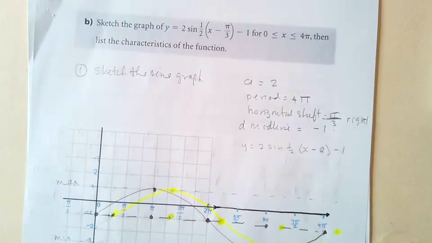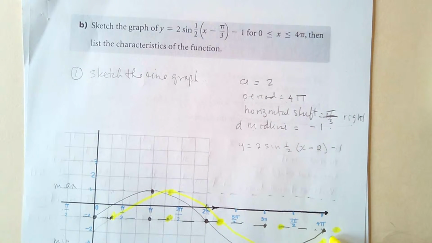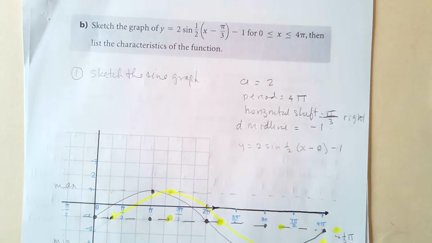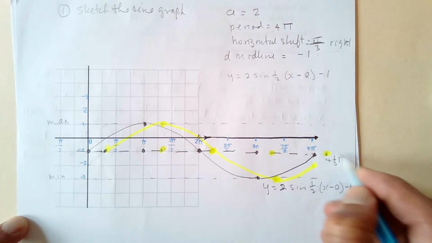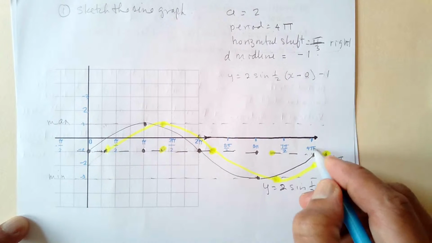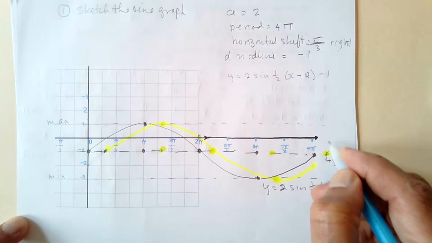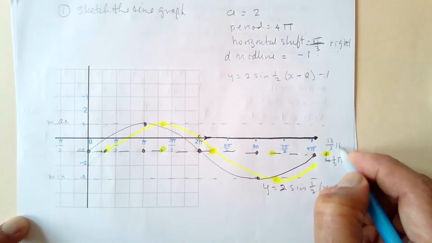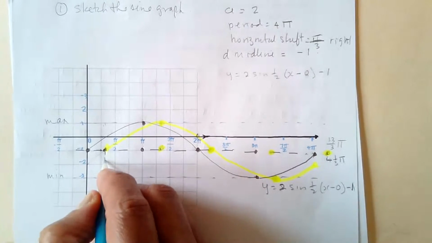Notice they restricted me to 4 pi, so I stop here. Now, if I were to continue, this will give you 4 and 1/3 pi. Okay, because remember you're shifting it by pi over 3. So this is already 4 pi, this point here, or it's going to be what? 13 over 3 pi. So the beginning point here is pi over 3.